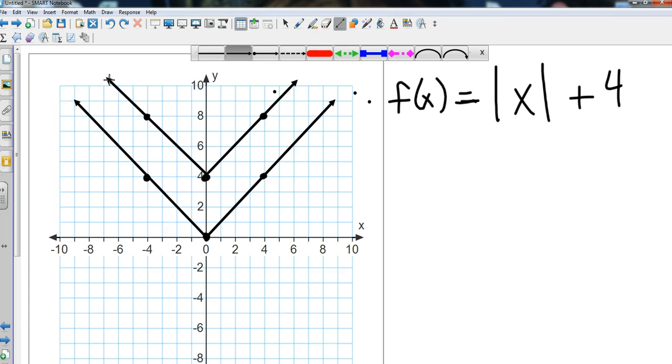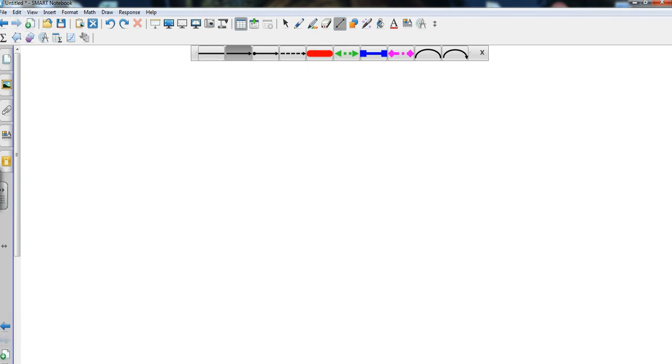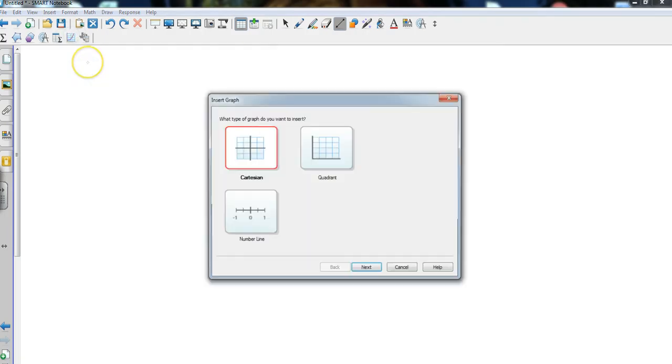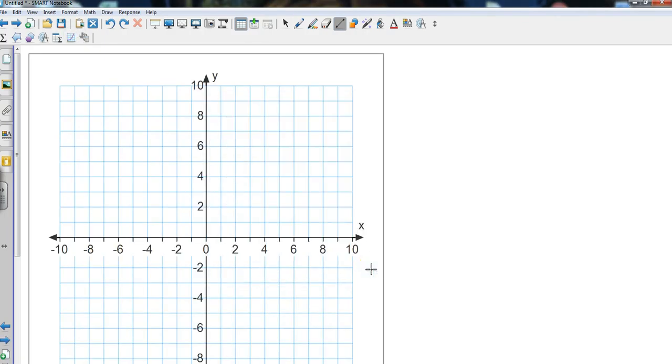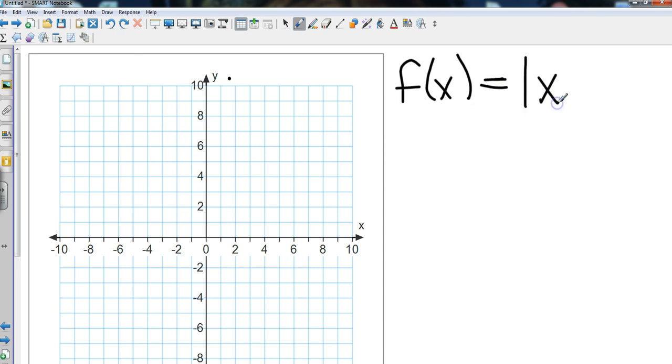And so now let's take it to another graph, and let's see if it's inside of our original function. We're going to put that one again. So remember we had 0, 0, -4, 4, and 4, 4.